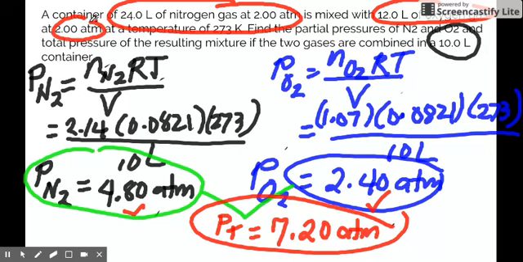And we use the final volume of the mixture to get the new pressure of each gas when they are in the container. Prior to mixing, their individual pressures were 2 atmosphere, but they became 4.80 and 2.40 atmosphere, which is expected to increase because the volume is lower than the initial volume prior to the combination in the 10-liter container.